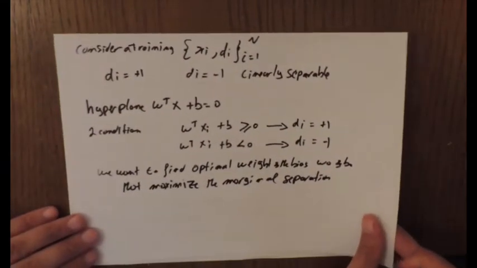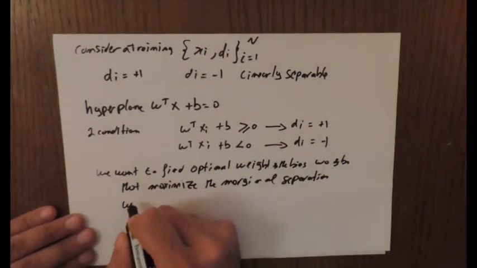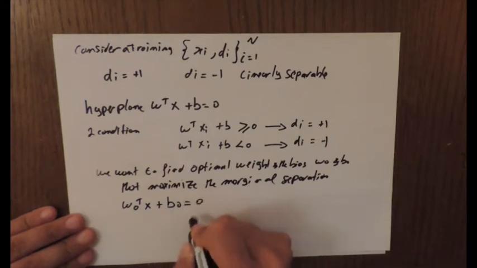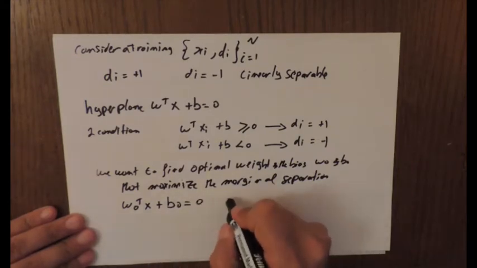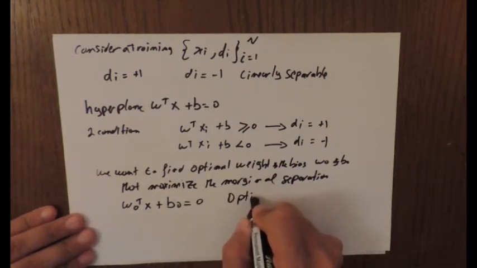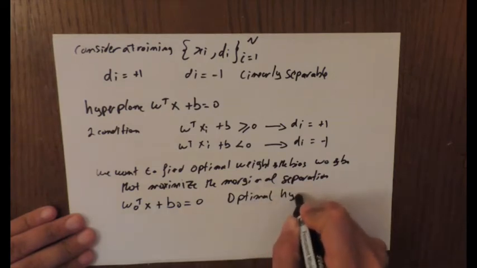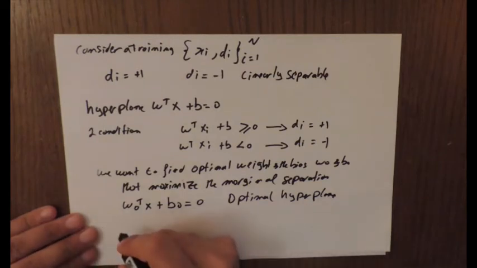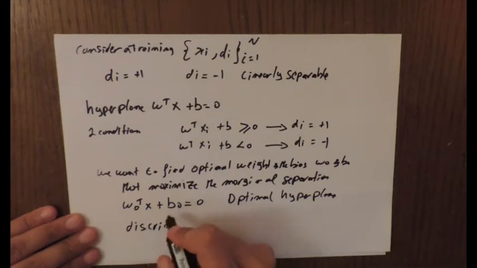So we have wo transpose x plus bo equal to 0. This is the optimal hyperplane in this case, and it creates a discriminant function which discriminates between those two classes.